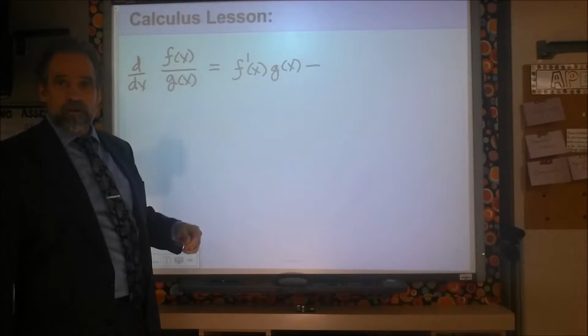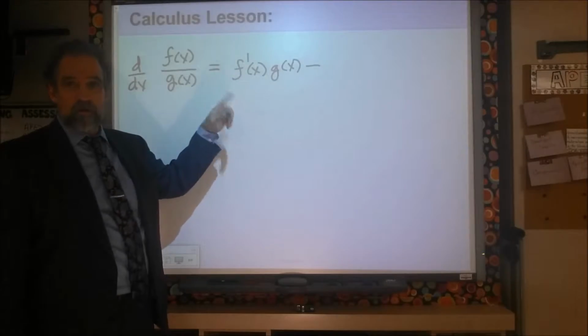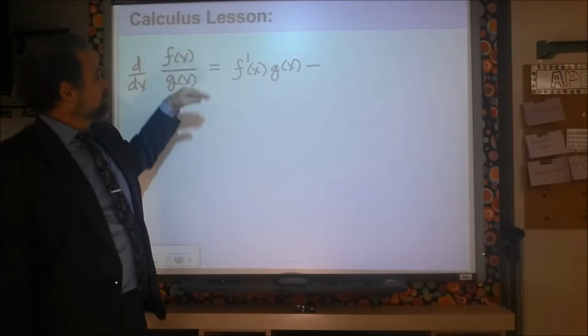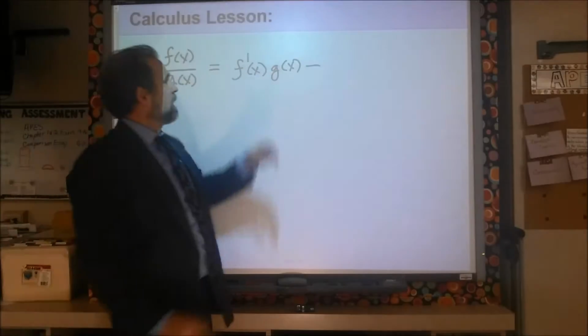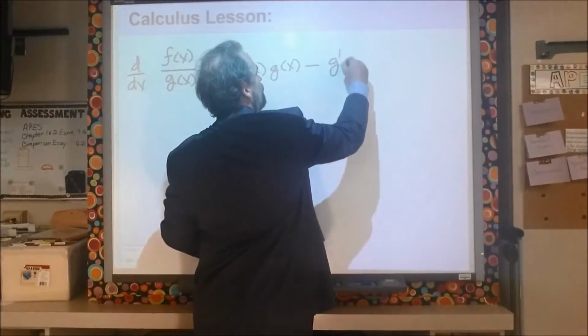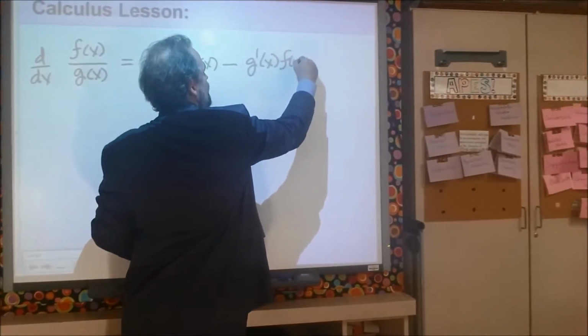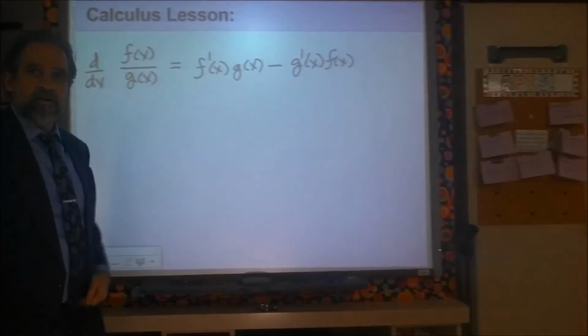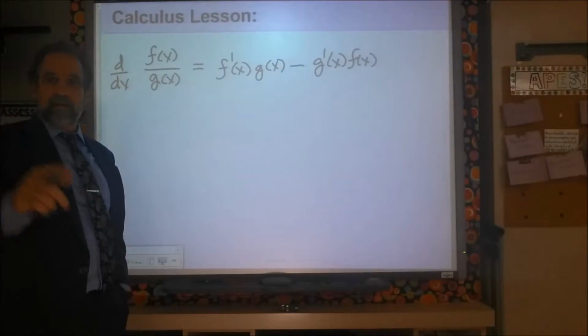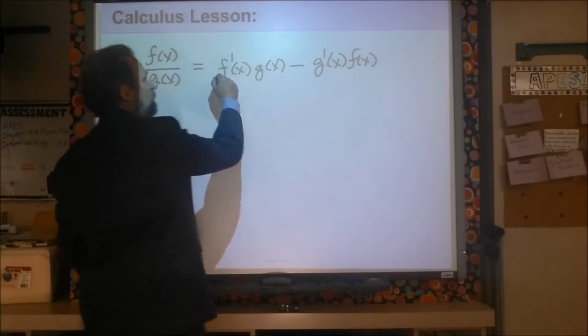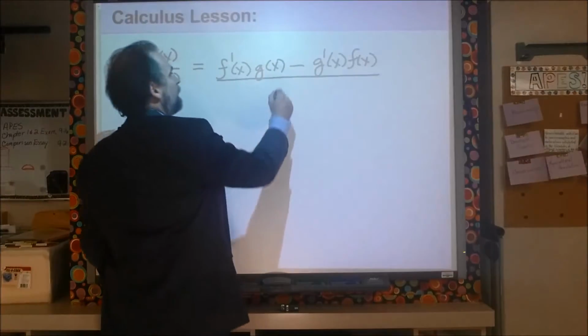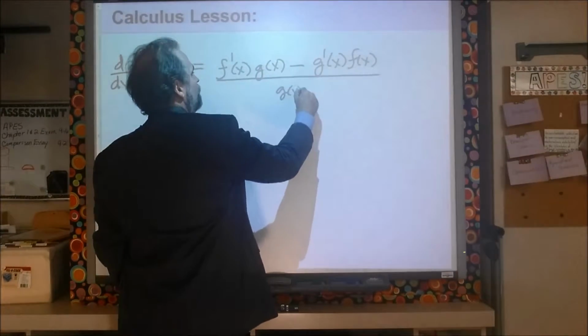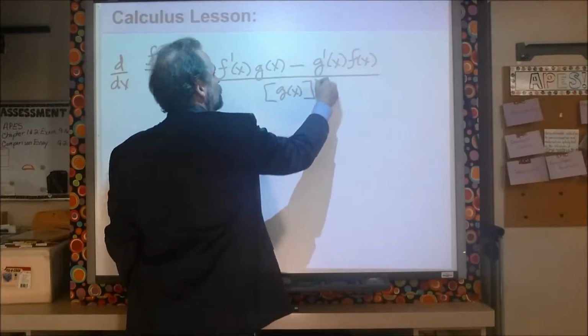So just like the product rule, it was top, first, and second, we're going top and bottom. So the derivative of the top times the bottom minus the derivative of the bottom times the top. So it's very much like the product rule, except that's not all. We have to then divide the whole thing by the bottom squared.